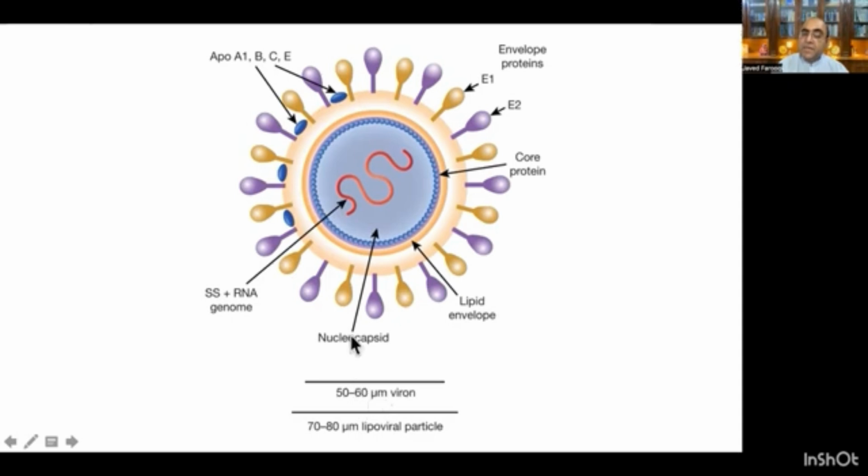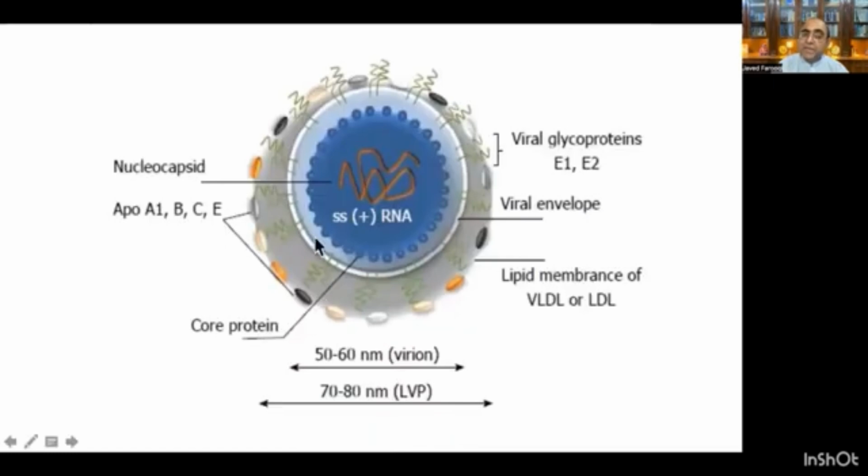The diameter of the virion is 50 to 60 nanometer, while the lipoviral particle, because the hepatitis C virion circulates in the bloodstream in the form of the lipoviral particle, is 70 to 80 nanometer. To explain it further, this is the lipoviral particle, and embedded in it is the HCV virion.